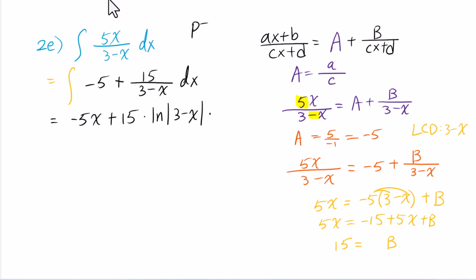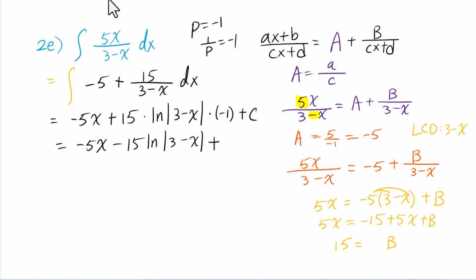P equals negative 1. 1 over p equals negative 1 plus c. Organize: negative 5x minus 15 natural log of absolute value 3 minus x plus c.